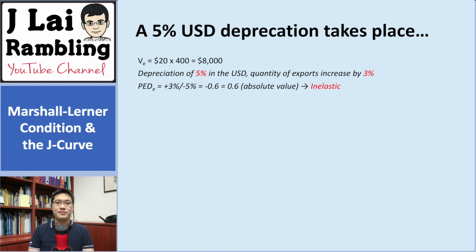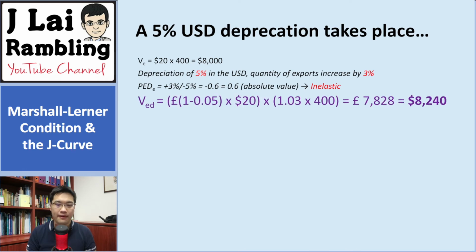Since this is smaller than 1, we know that this is inelastic. And here, this gives us the value of exports after the depreciation. This looks complicated, but this is basically the new price after depreciation multiplied by the new quantity demanded for exports after depreciation, and you multiply them together.